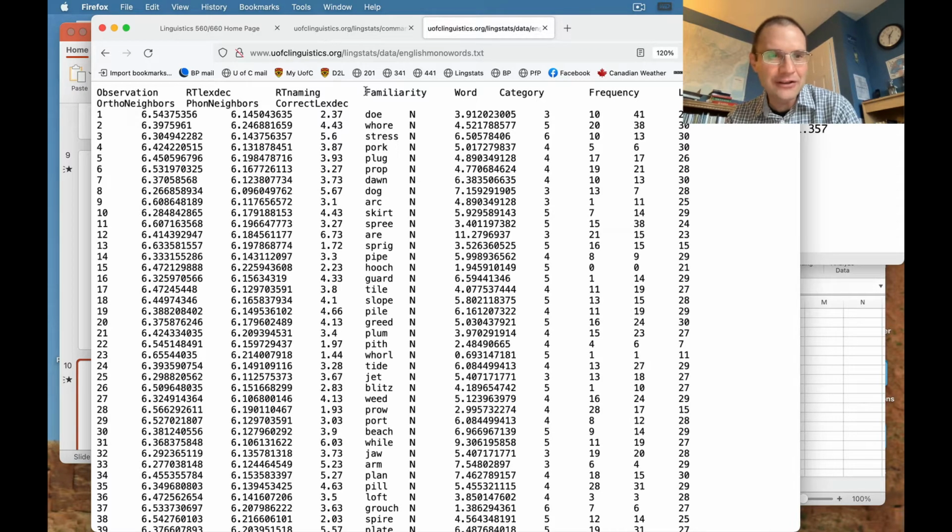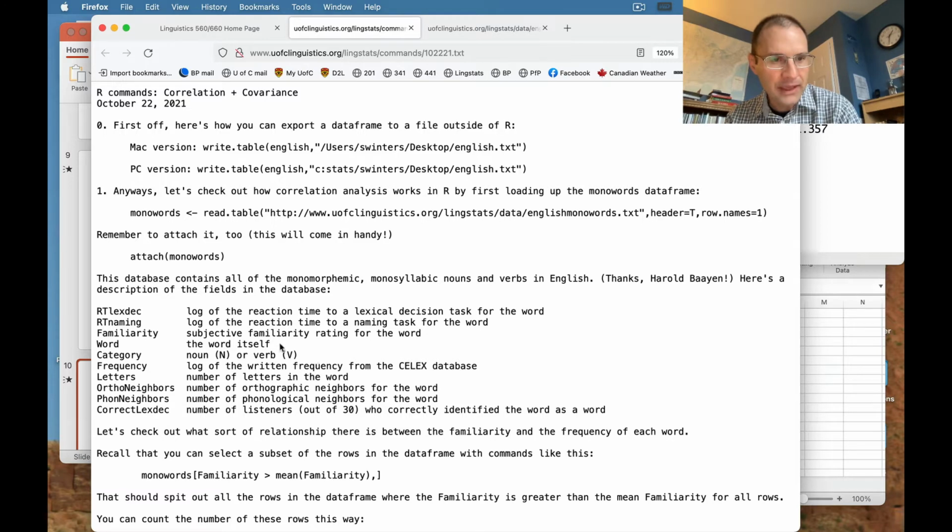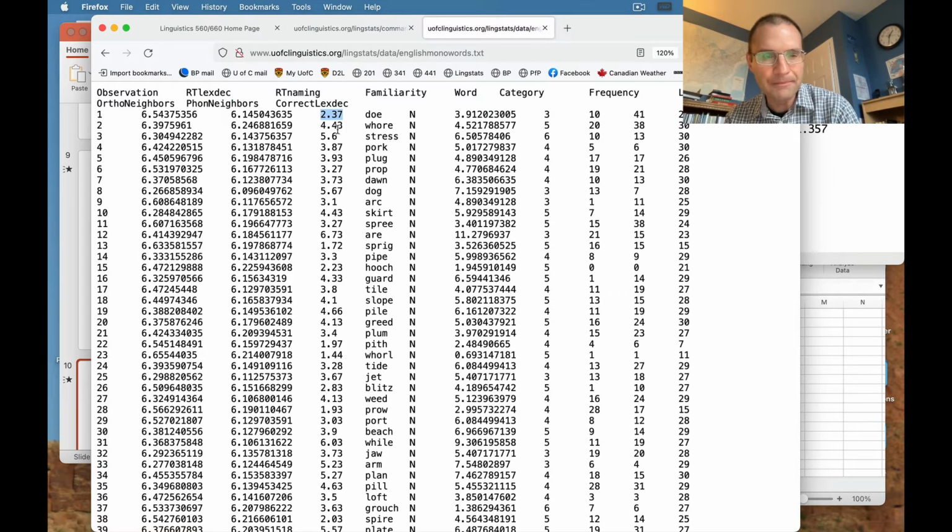And in case you're curious about a measure of familiarity, there's one right there. So I'll contrast those two. There are measures of familiarity and frequency in this database. Here's the frequency measure, and here's the familiarity measure. If I go back to my guide, I don't have the scale, but I think familiarity is probably rated on a scale of 1 to 7.